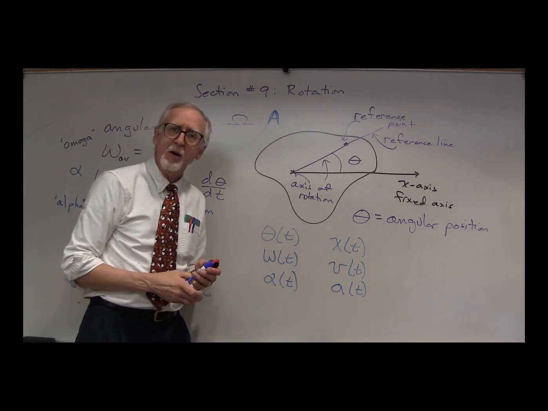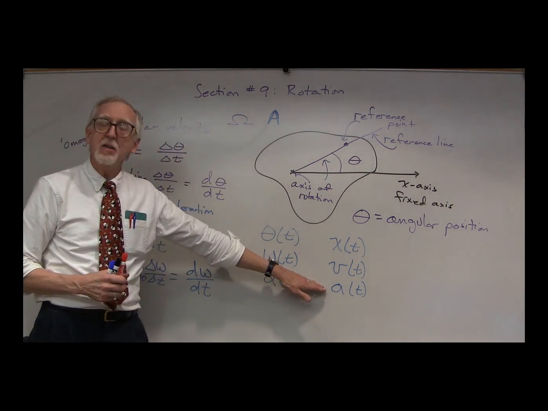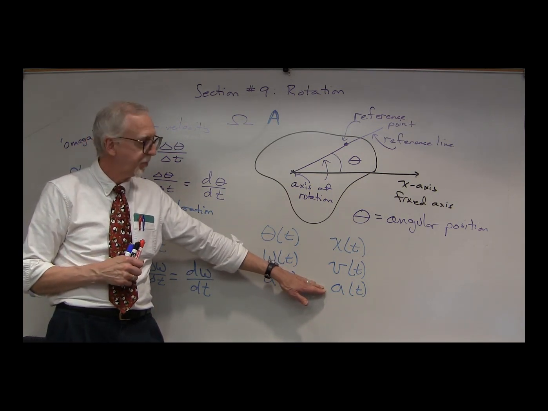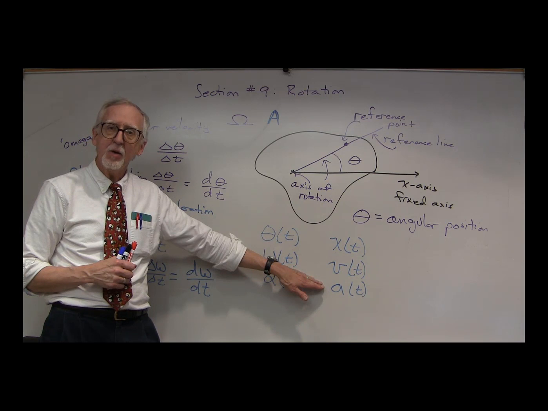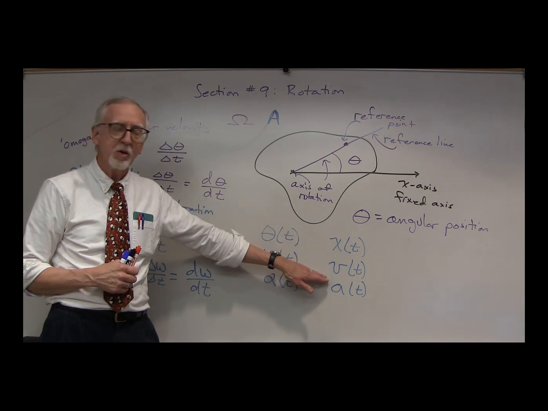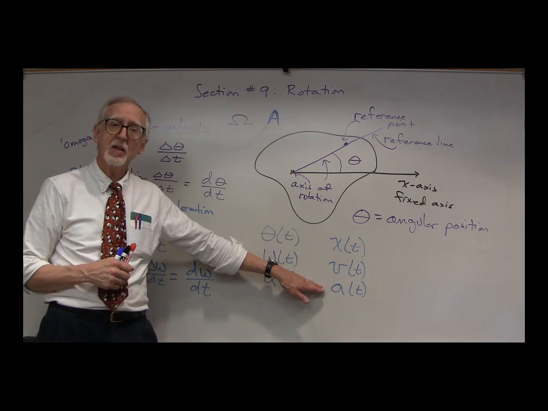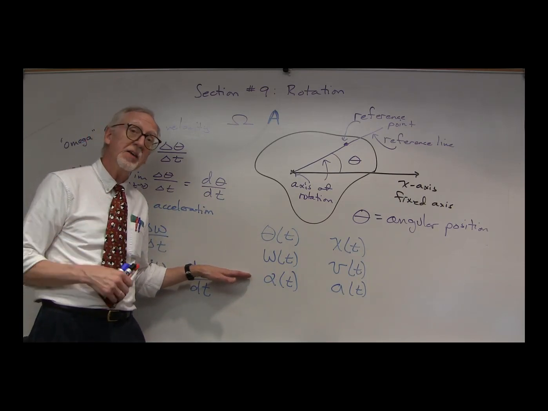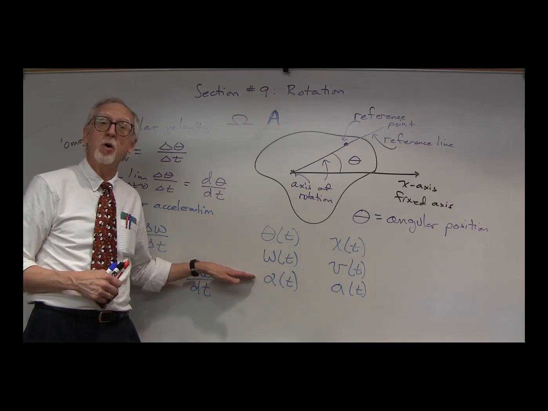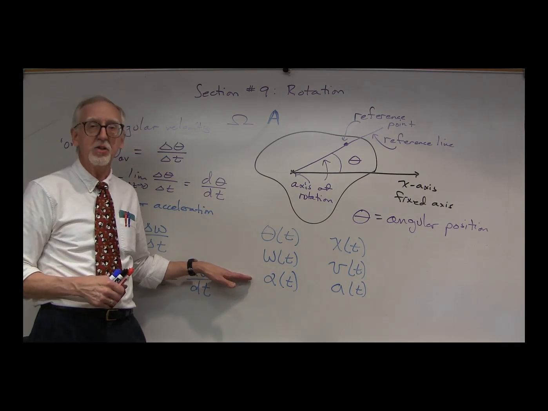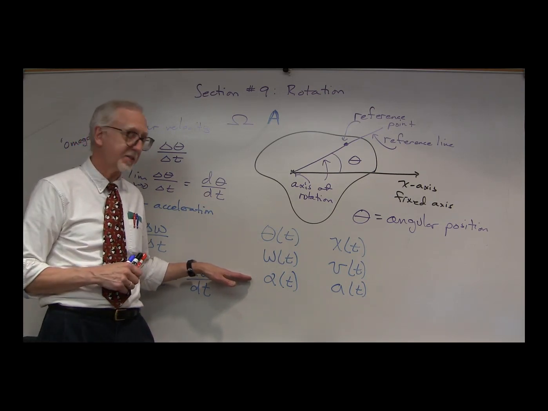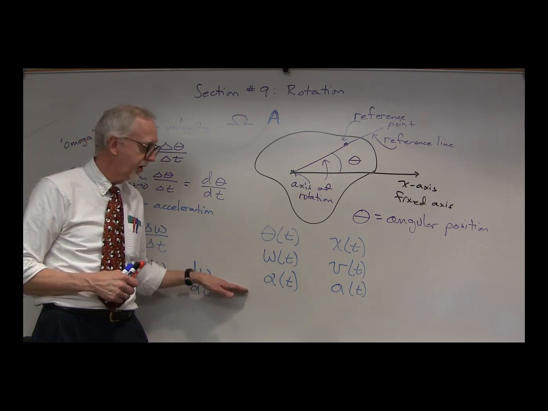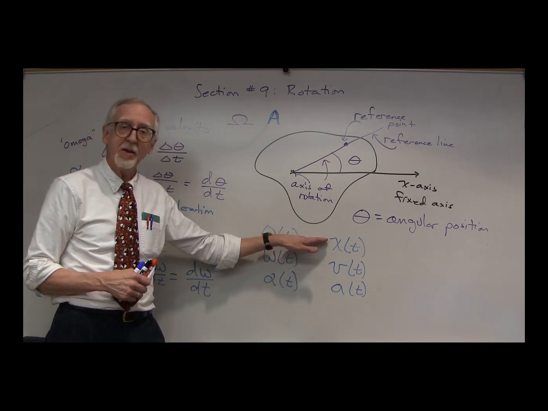Well, great. When we had a specific situation of uniformly accelerated motion, we developed the 4 kinematic equations that worked with position, velocity, acceleration. Well, if these are defined exactly the same way, if we have a situation with a uniform angular acceleration, in other words, a constant angular acceleration, we should have exactly the same relationship between these quantities that we did with these quantities.